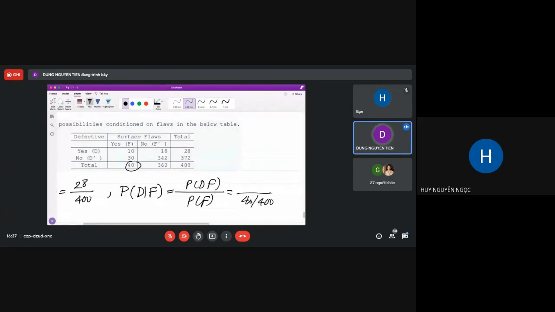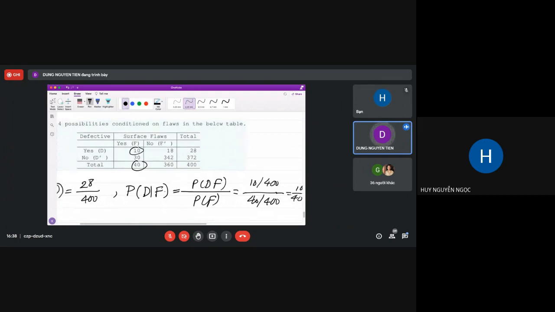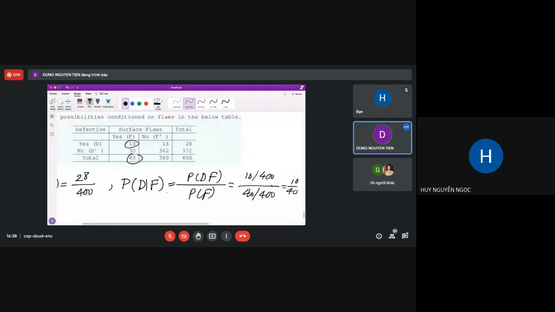And the probability of DF is here 10, so it is 10 over 400. So you get 10 over 40, which is 1/4. So if you find something wrong with the surface, then the probability that it is a defective item is 1/4.